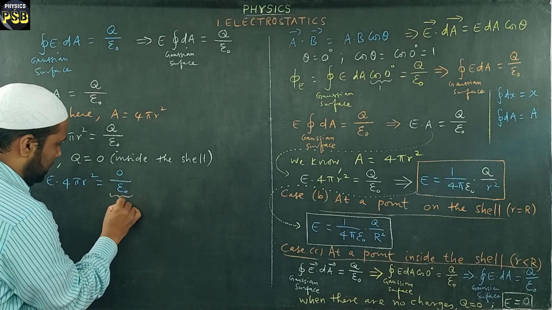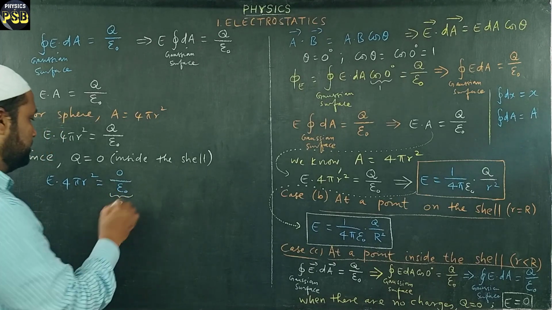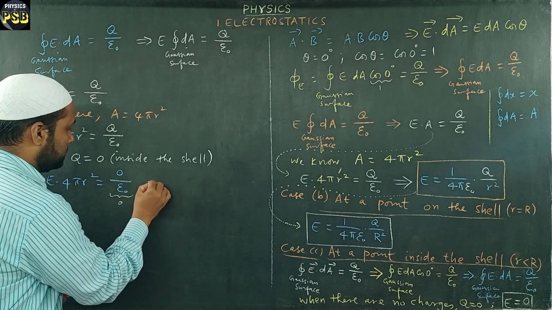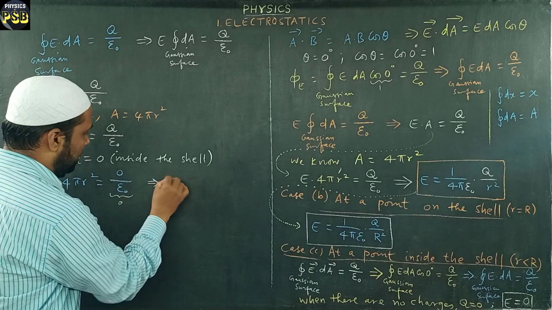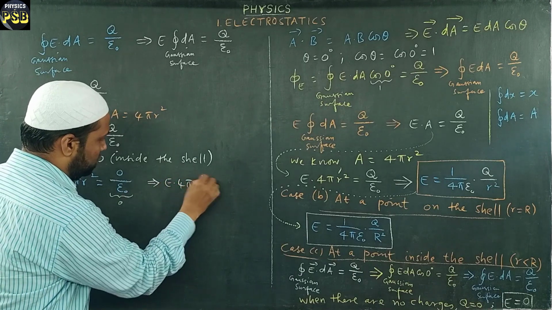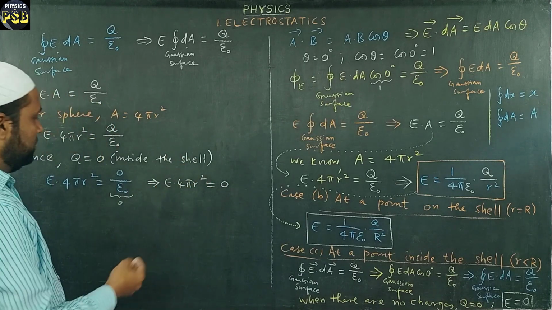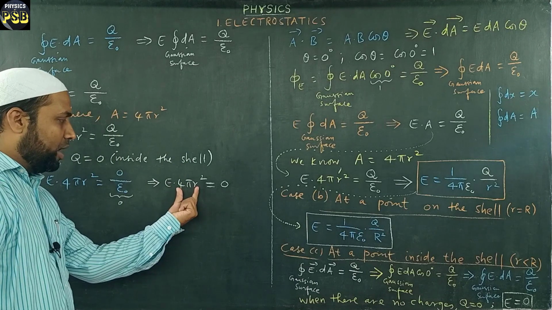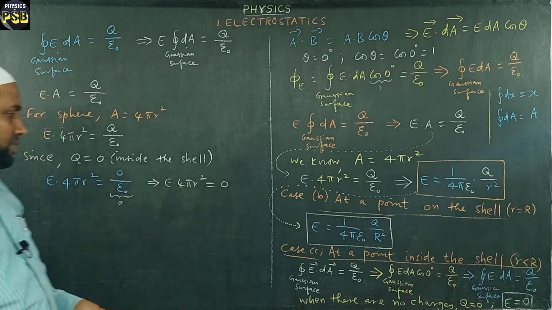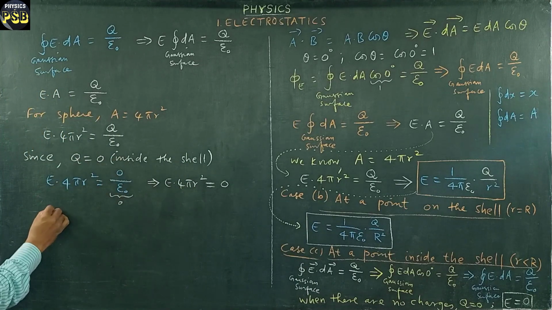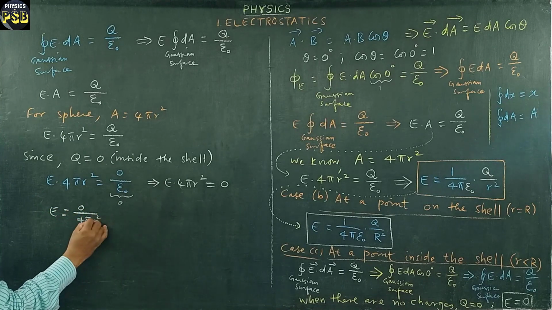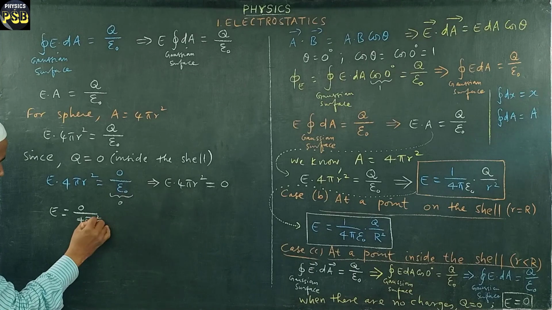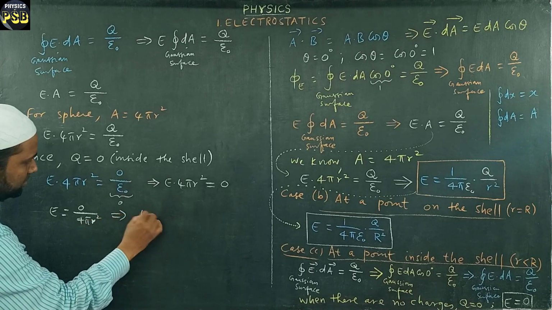So this gives us E times 4 pi r square equals 0. When I take 4 pi r square to that side, again the value obtained is nothing but 0 upon 4 pi r square, which is 0.